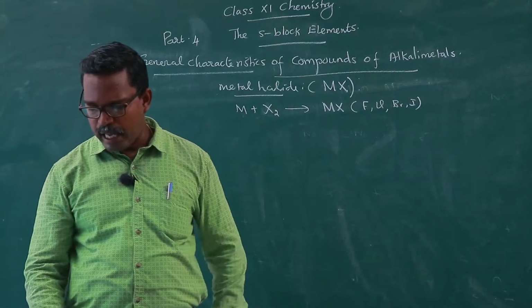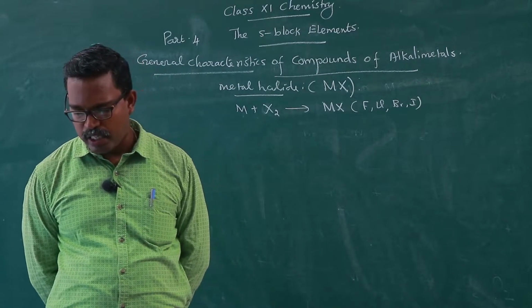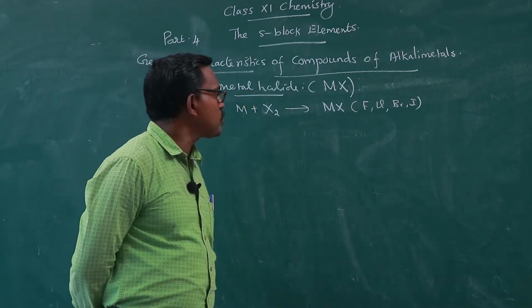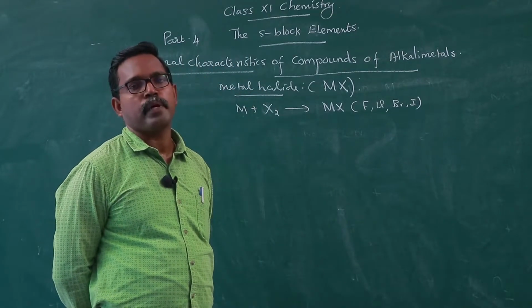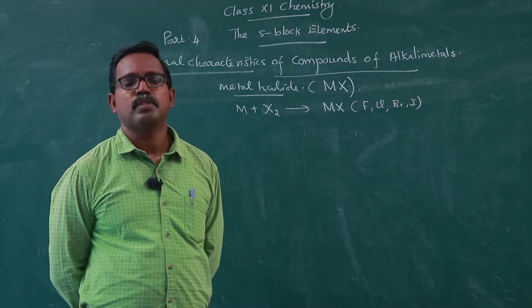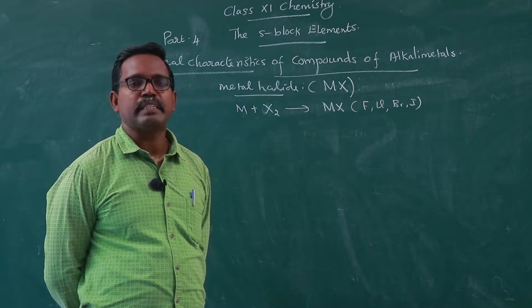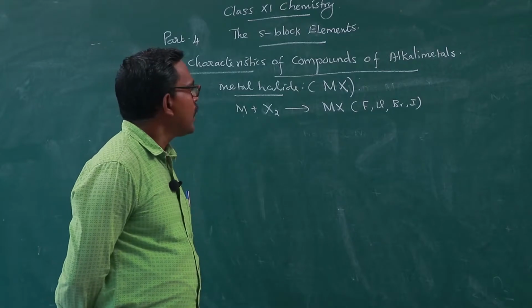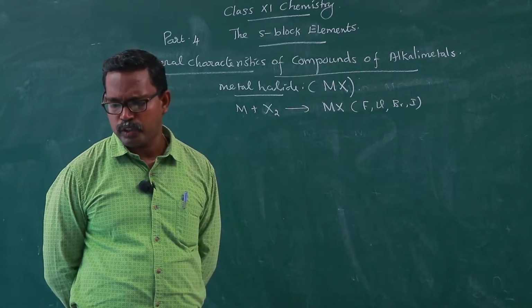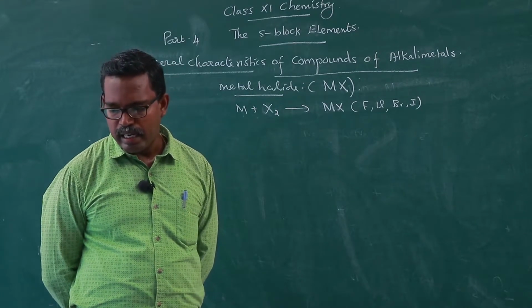The alkali metal halides are high melting, colorless crystalline solids. These compounds show high melting and boiling points because they are mostly ionic in nature. The strong Coulombic force of attraction exists between the metal and the halogen, therefore these compounds show high melting and boiling points. Mostly they are colorless crystalline compounds.